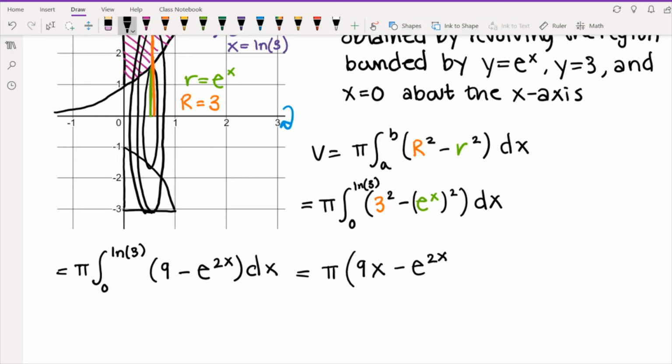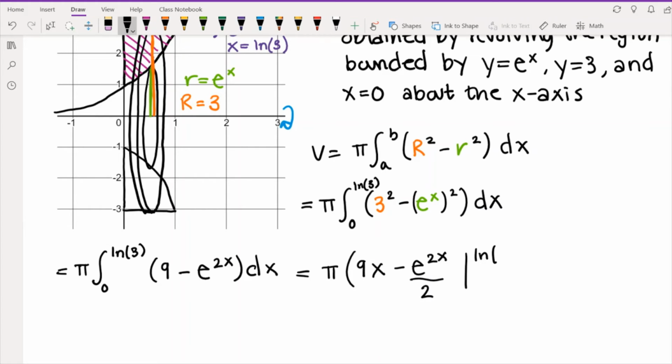So you can always guess and check antiderivatives by taking their derivative. So if we're looking for the antiderivative of e to the 2x, it's not going to be e to the 2x, it's going to be e to the 2x over 2, because you need that extra divided by 2 in order to cancel out the factor of 2 that would appear when you take the derivative.